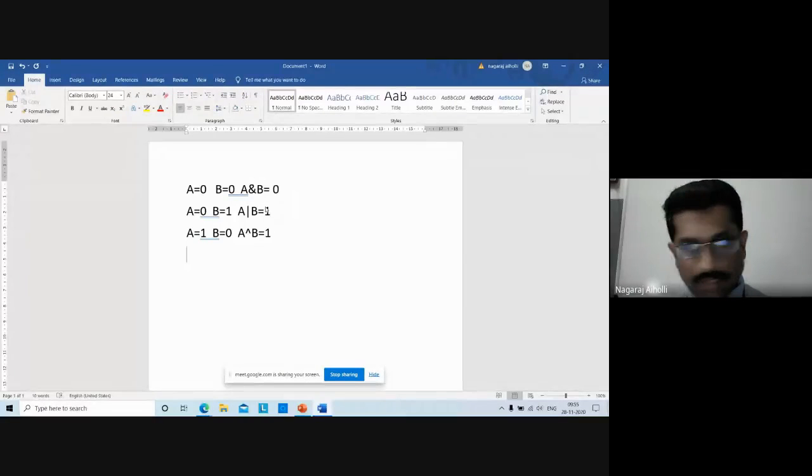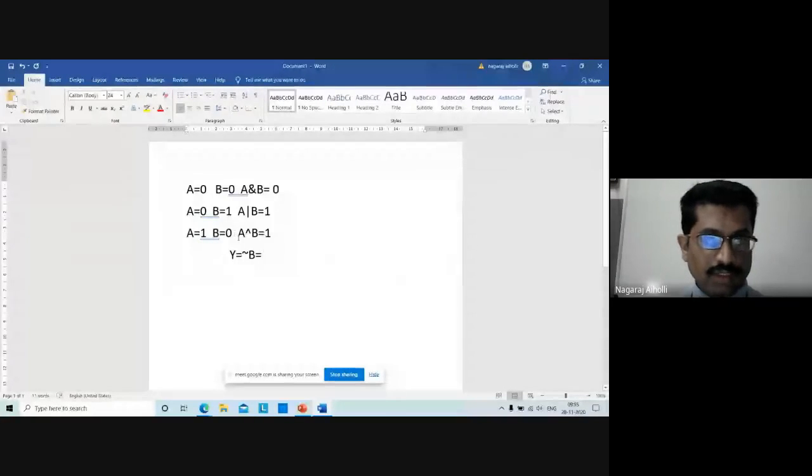Let us consider inversion of the value in B, y equal to not of B. Not of 0 is 1, not of 1 is 0. So this is how various logical operators are used to perform the operation: AND, OR, XOR, and the NOT or inversion operation.